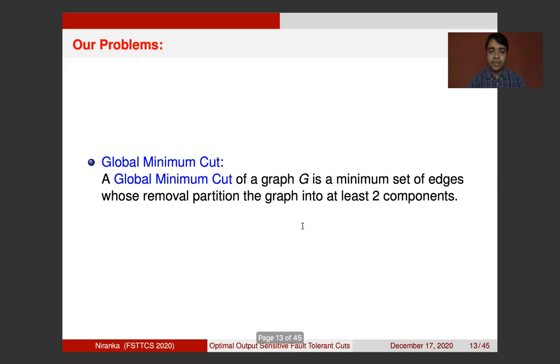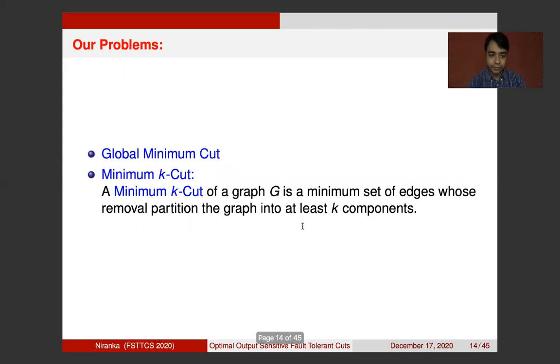Now let's come to the problems that we considered in this model. The first problem is the global minimum cut, which is essentially a minimum set of edges whose removal partitions the graph into at least two components. Then we have the minimum k cut of a graph, which is a minimum set of edges whose removal partitions the graph into at least k components instead of two.